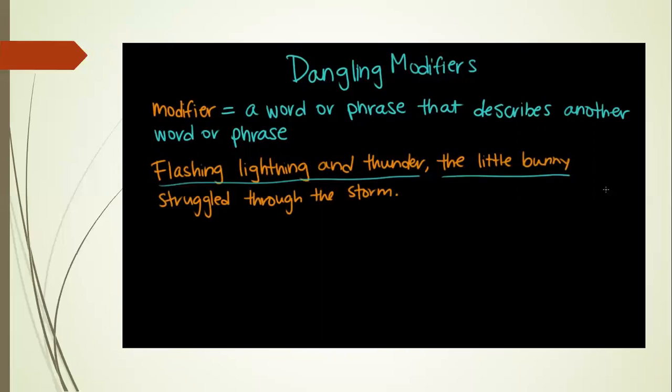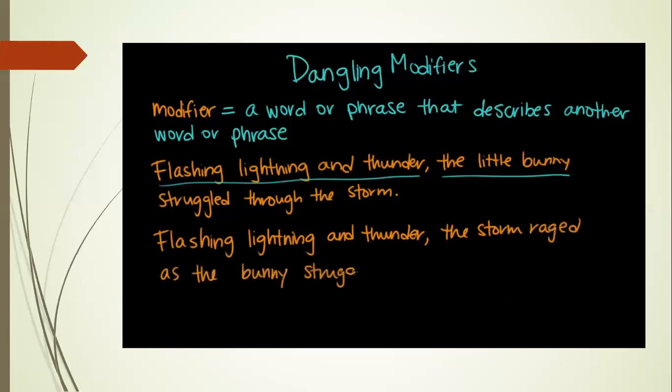Rosie, what is this modifier actually supposed to be modifying? So the modifier is actually supposed to be modifying the storm, because we've got lightning and thunder, flashing, all of those things describe the storm. Right, okay. So we're really not supposed to have a dangling modifier like this, so we need to fix this sentence. Flashing lightning and thunder, the storm raged as the bunny struggled.